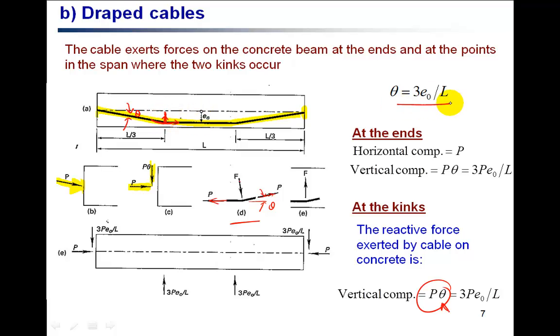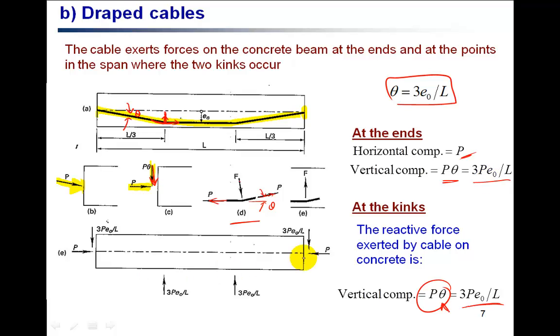So theta is basically e naught over L over 3, that is 3 e naught over L. Plugging back the value of theta, we get the vertical component of this force as 3 P e naught over L. Similarly, at the ends, as I talked about before, the vertical component is P theta and the horizontal component is P, and plugging back the value of theta, the vertical component is 3 P e naught over L. So these are the forces that will act on the concrete from the pre-stressing tendons.